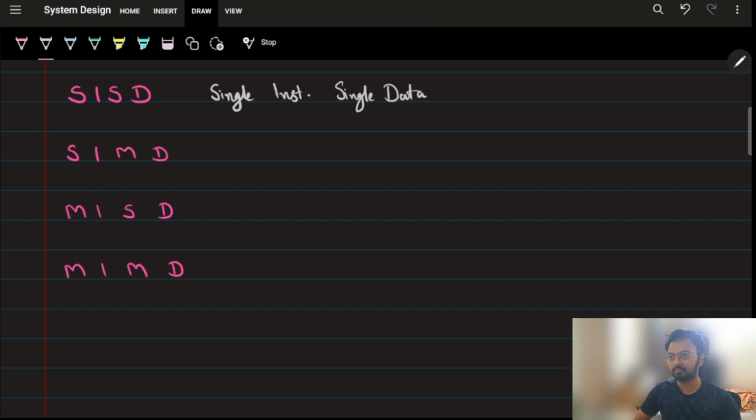This is an example of a traditional single core CPU. You can only run one instruction at a time and execute one data access at a time. Then comes the next category, which stands for single instruction, multiple data.